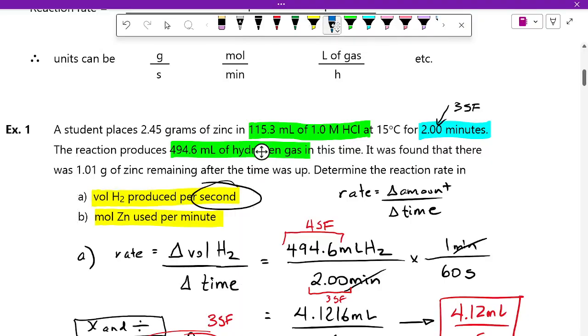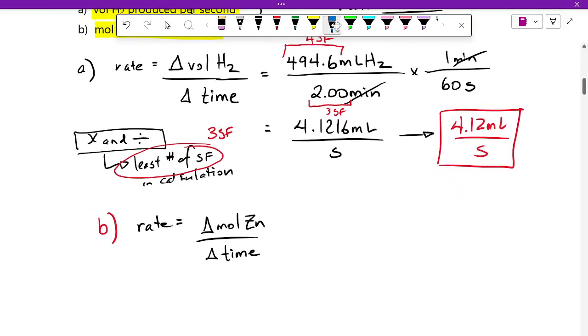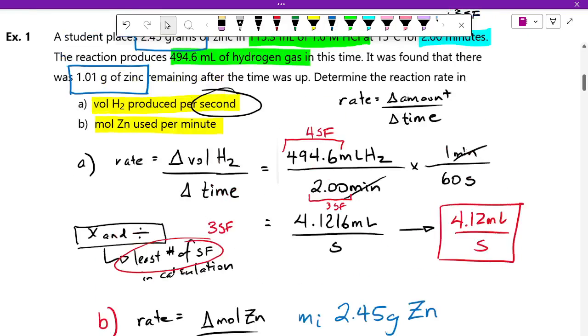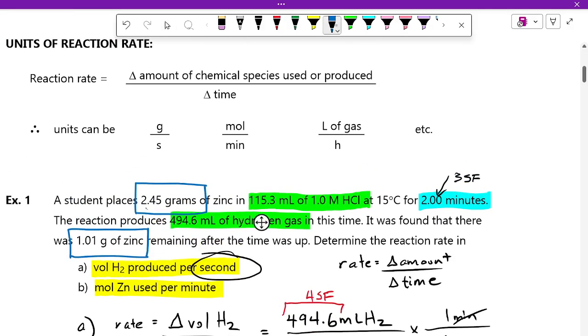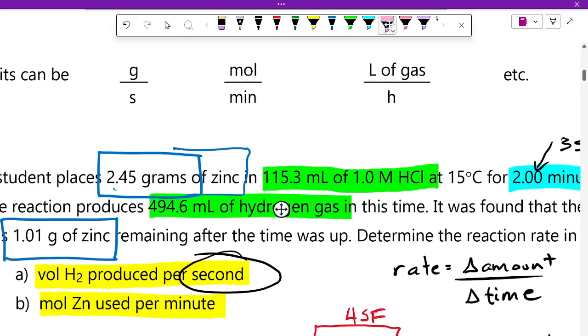We start with 2.45 grams of zinc and we finish with 1.0 grams of zinc. A student places 2.54 grams of zinc. You have to find the change in the mass of zinc, turn it into moles.